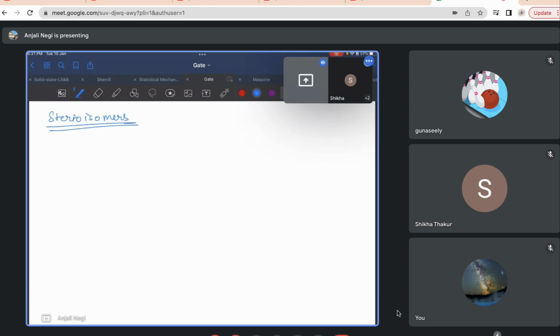The first term that we encounter is the word chiral. This chiral word is from Greek, and its meaning is non-superimposable.